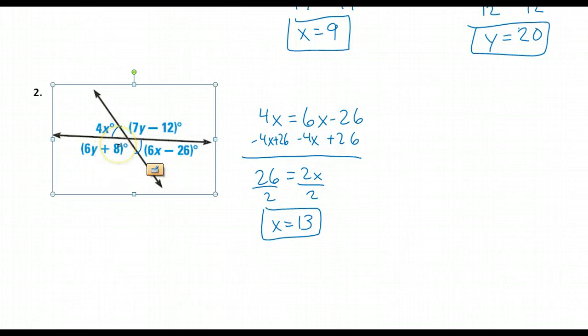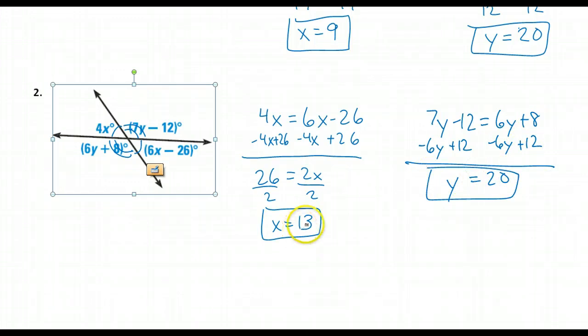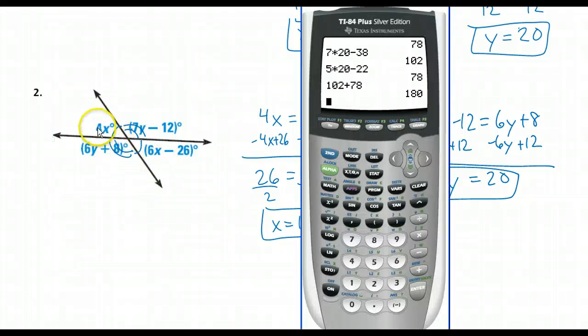And if I look at the angles that have y, those two angles are vertical. And by the vertical angles theorem, those two angles will be congruent, which means that their measures are equal. So the equation is set them equal to each other and then solve. So I've solved for x and y. Let's plug those numbers back in to find the measures of each angle. So this angle is 4x.